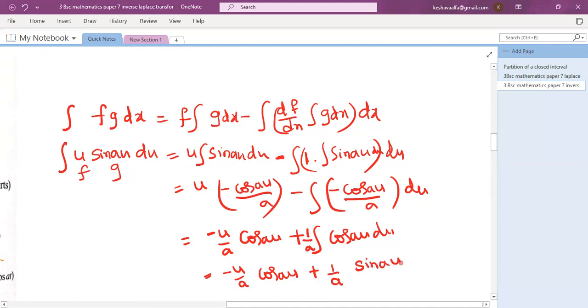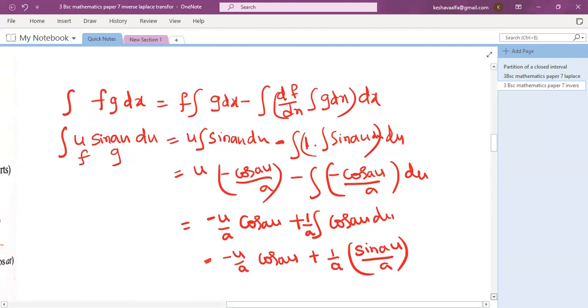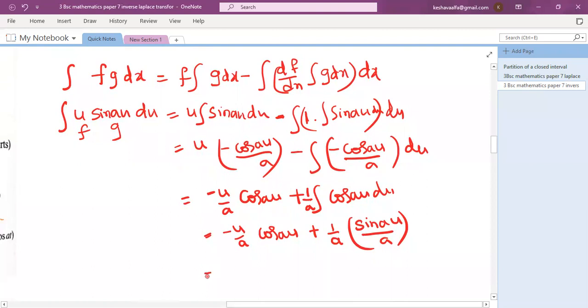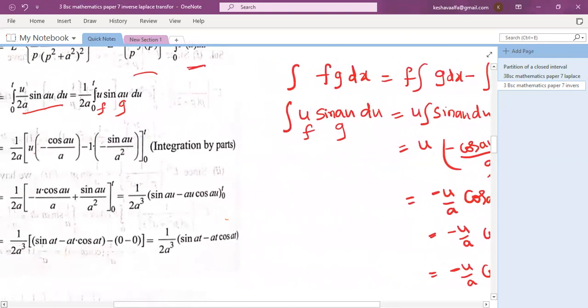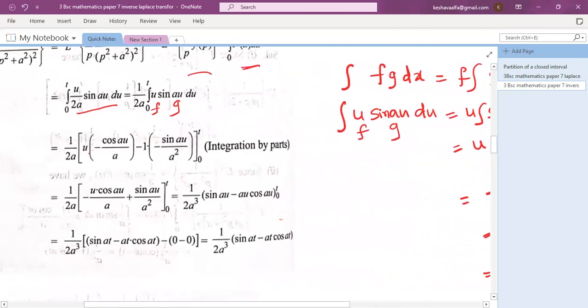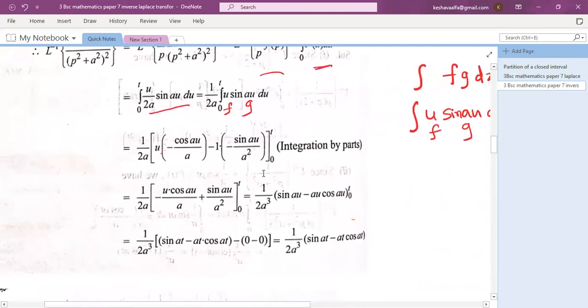So sin a u by a. So we get minus u by a cos a u plus 1 by a square sin a u. So integral u sin a u du is equal to minus u by a cos a u plus 1 by a square sin a u.